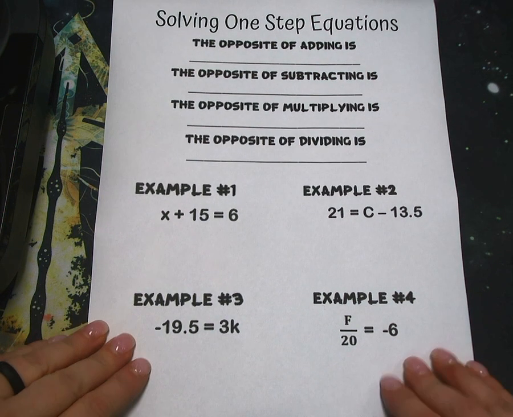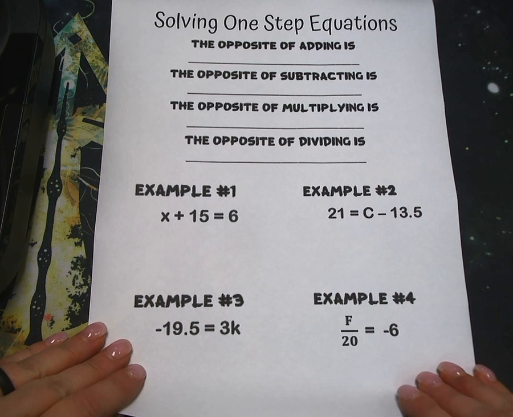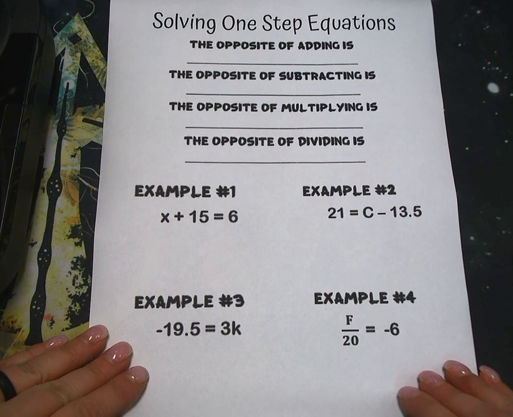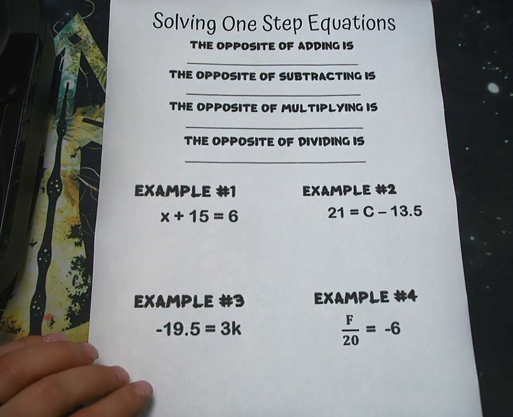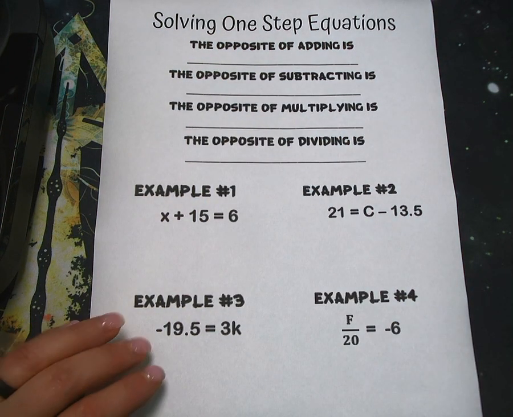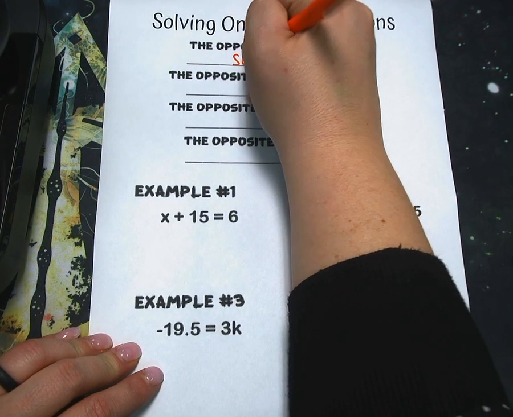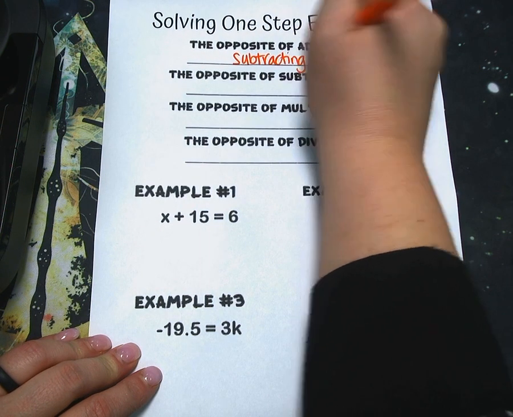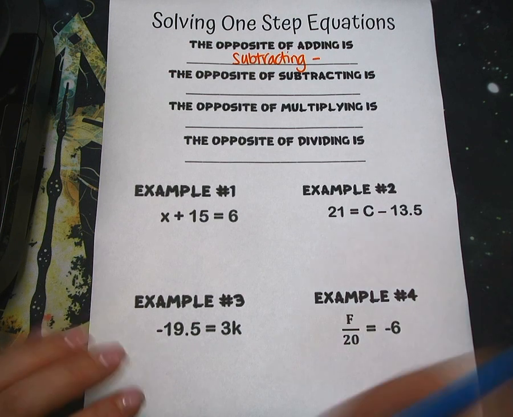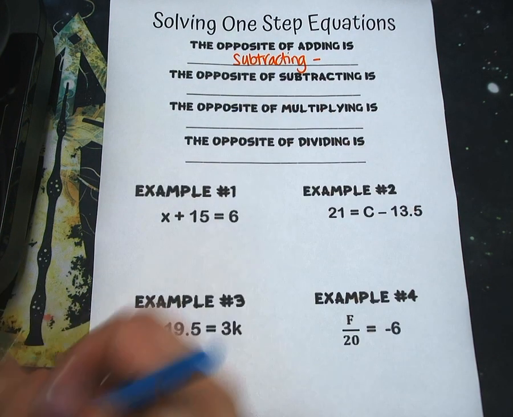So in order to do that, we need to use what's called inverse operations. Inverse means opposite. So the opposite of adding is subtracting. So if they're adding, I will subtract. And the opposite of subtracting is adding.